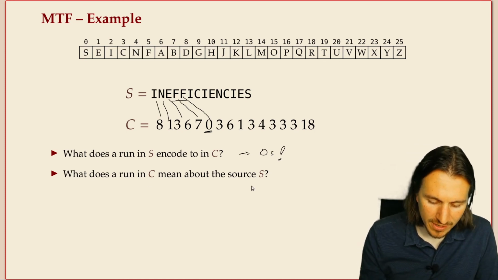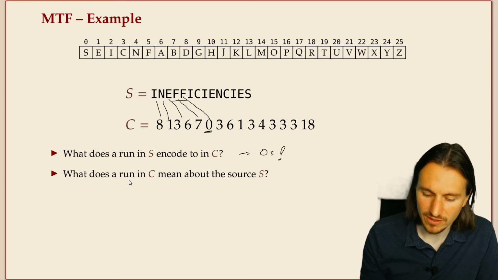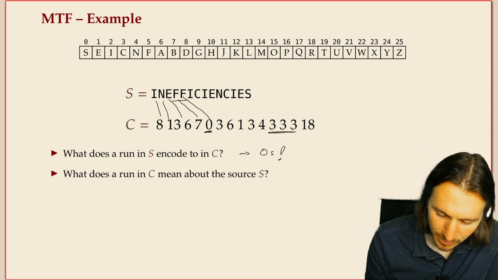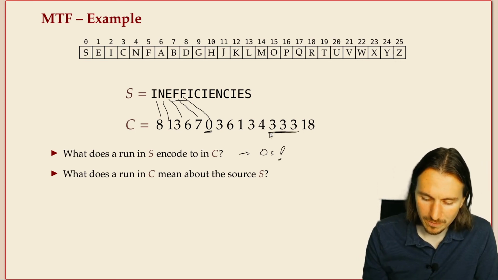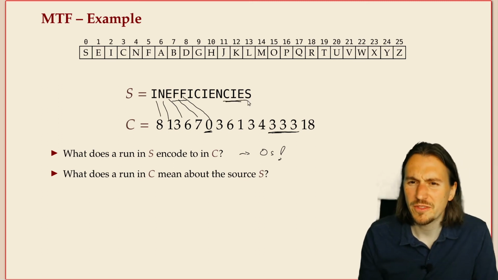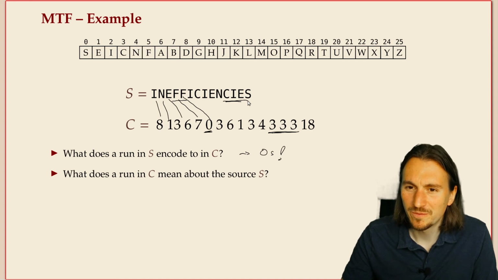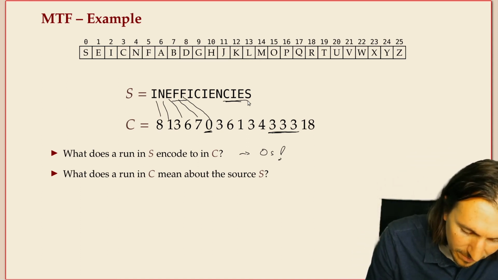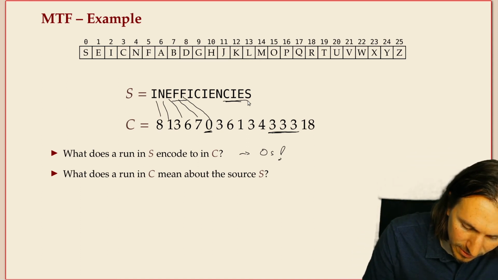And what does a run of a certain digit in the coded text mean? For example, here, the 3s. Those are these 3 characters. They're not the same. So what does that mean? Well, let me do this in a different color.